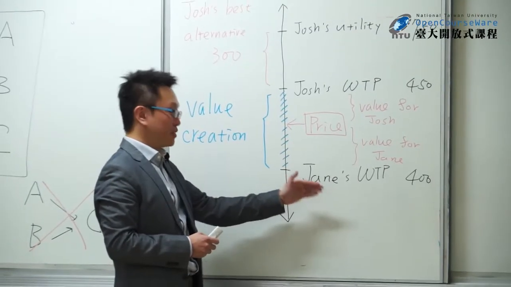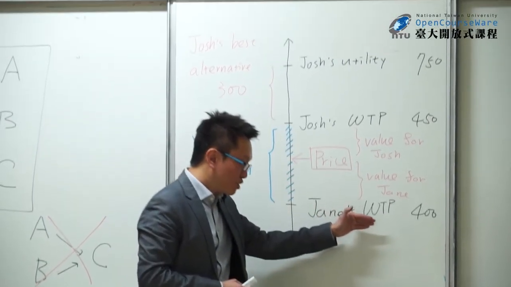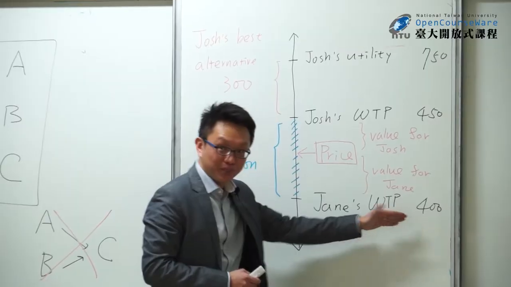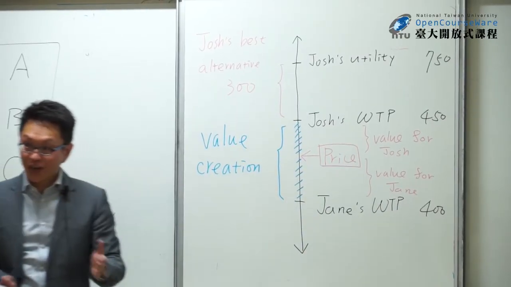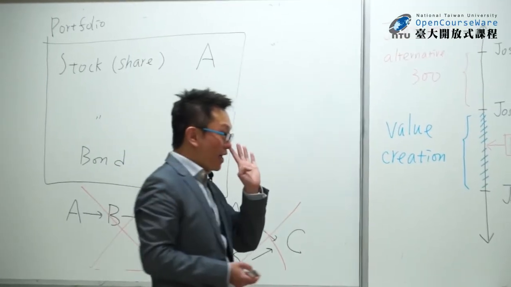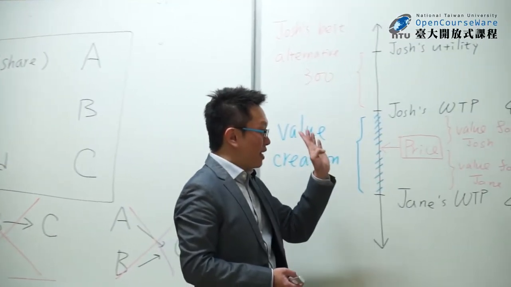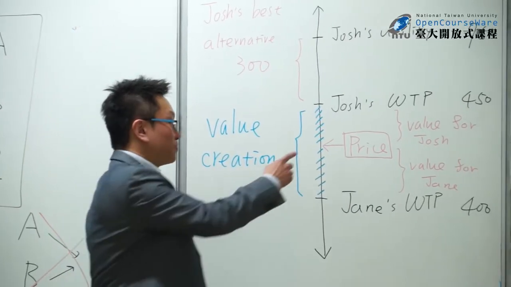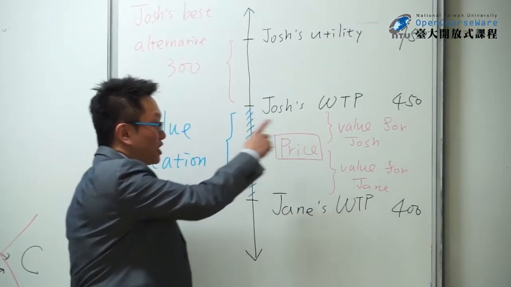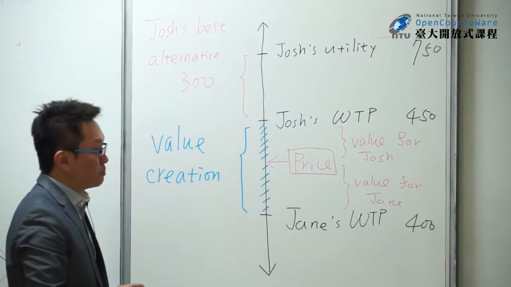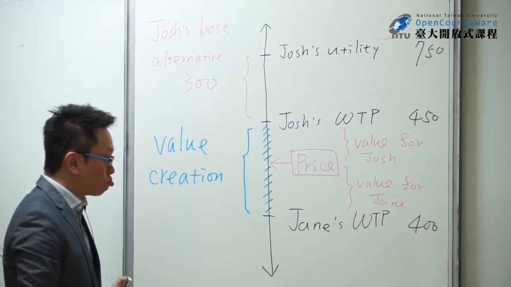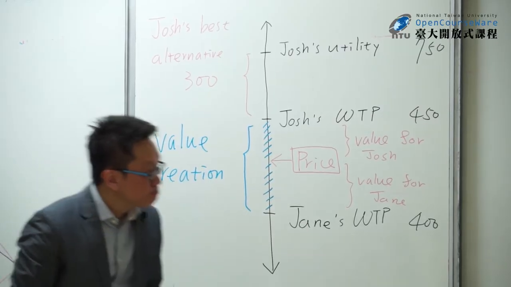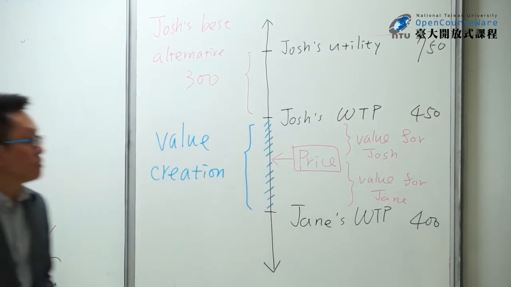Now from this statement, we look at Jen first. That's easier. Jen's willingness to pay is 400. That's clear. Her house is valued at $400. Now I twist a little bit. I ask you a question. Why is Josh's WTP 450?